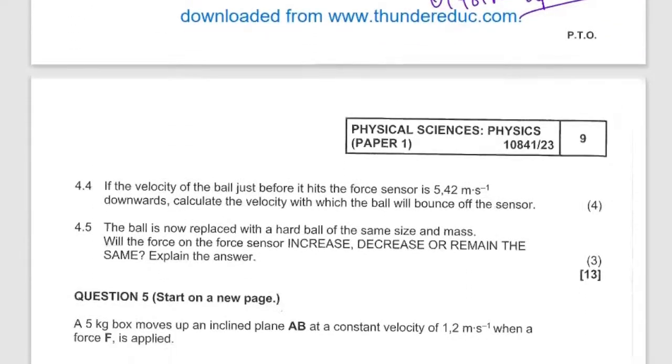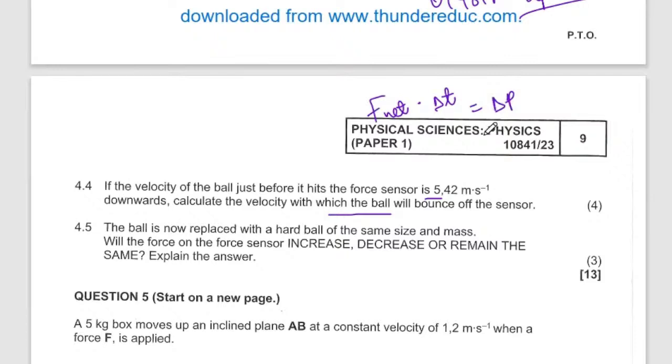All right, then if the velocity of the ball just before it hits the force sensor is this, downwards, can we calculate the velocity with which it bounces off the sensor? So then you can use the F net formula. F net times delta t, that's the impulse, is equal to the change in momentum.